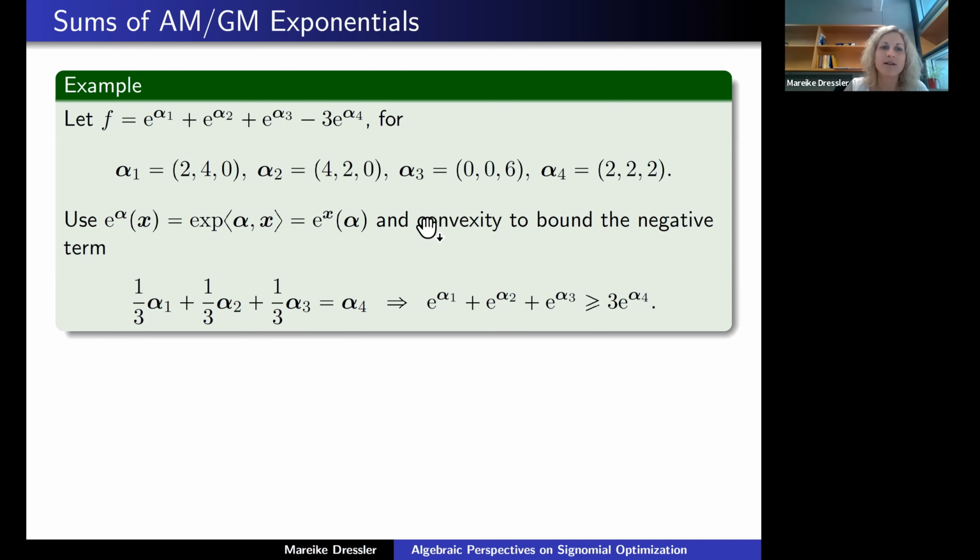So we see that alpha 4 is a convex combination of alpha 1, 2, and 3 via this equation here. And then we can use convexity to reach this inequality, which says this Signomial is indeed non-negative. So this here provides a global lower bound on the convex function.